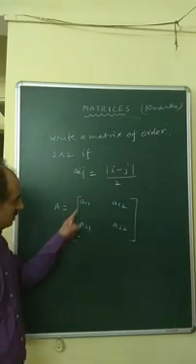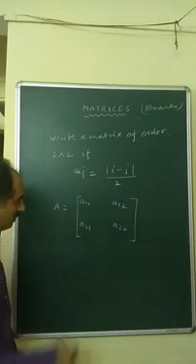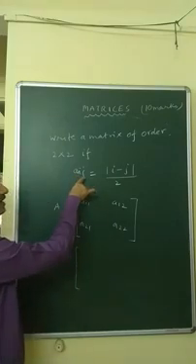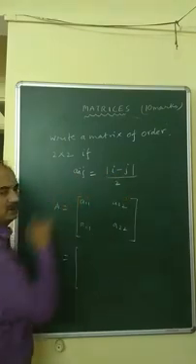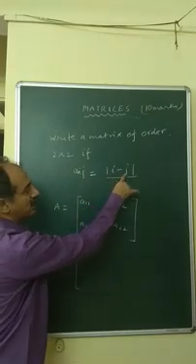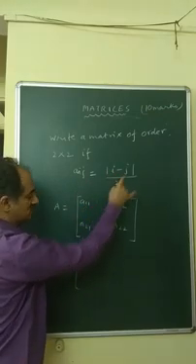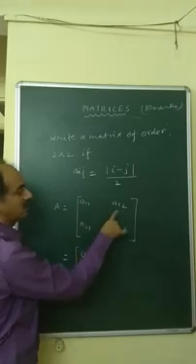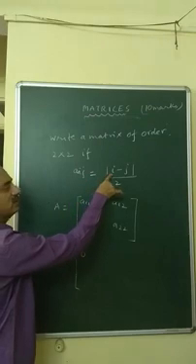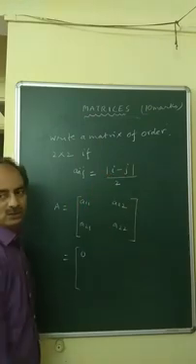Now you have to write the value of A11. The value of Aij is mod of i minus j by 2. So the value of A11 is 1 minus 1 upon 2. 1 minus 1 is 0, so it will be 0 only. Then A12. In place of i, you write 1, and in place of j, you write 2.